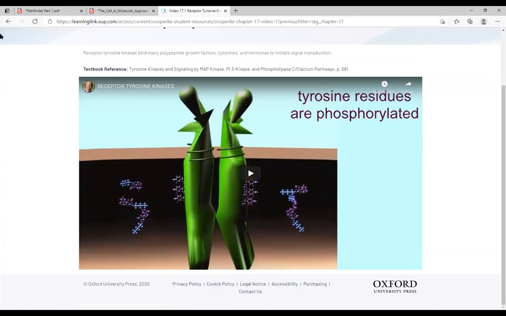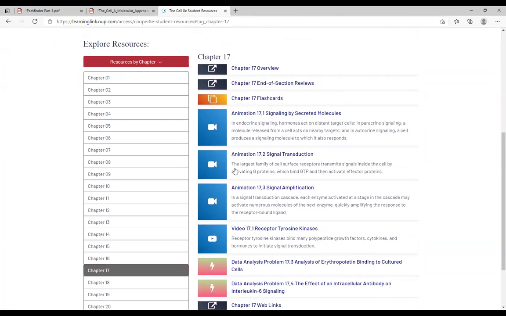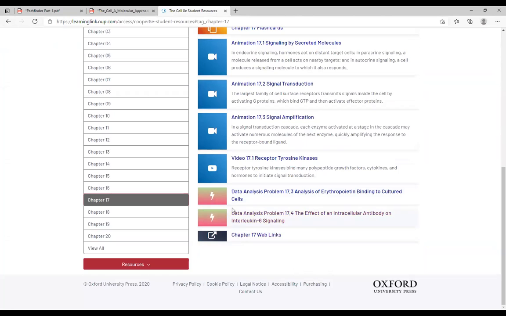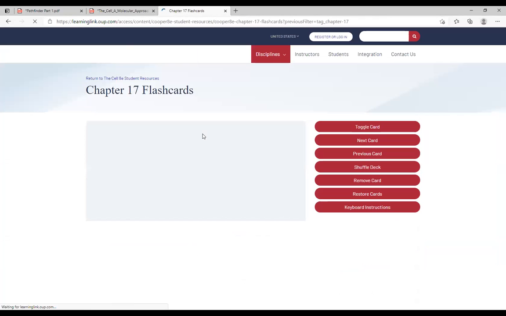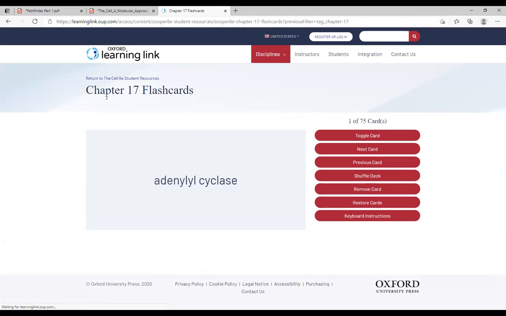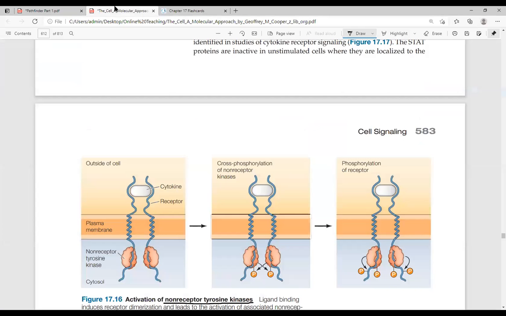You can also visualize the different types of animation given in this section. There is other software as well, where you can play the flashcards, see the function, and see how card shuffling takes place.